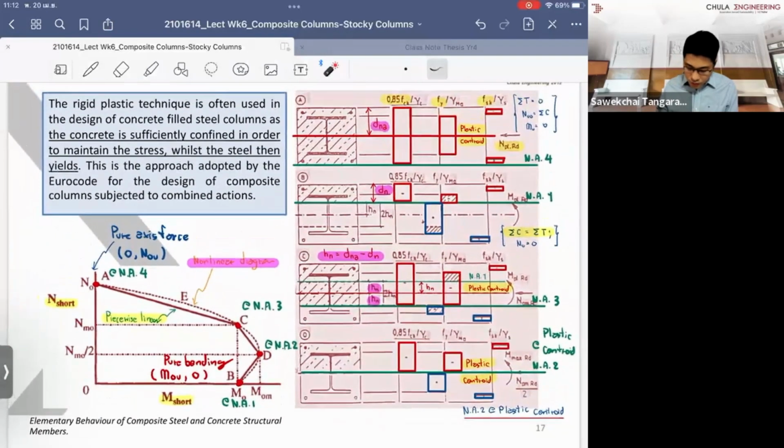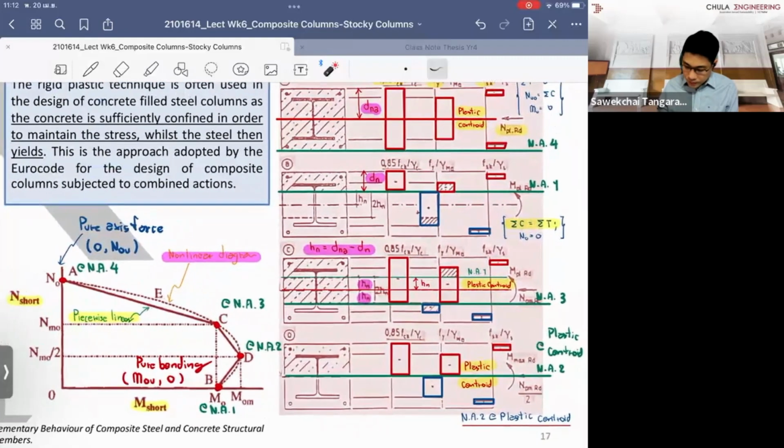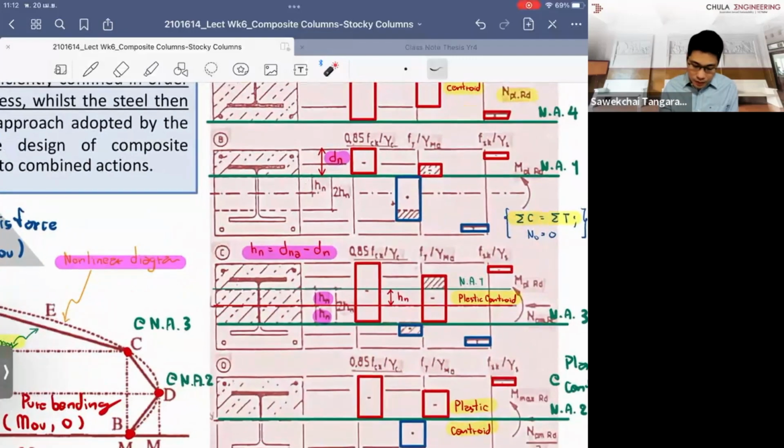If we look at point number C, you see the proportion of the areas.